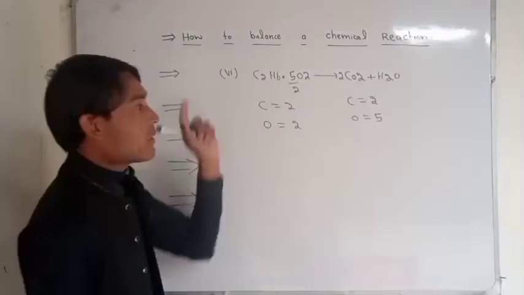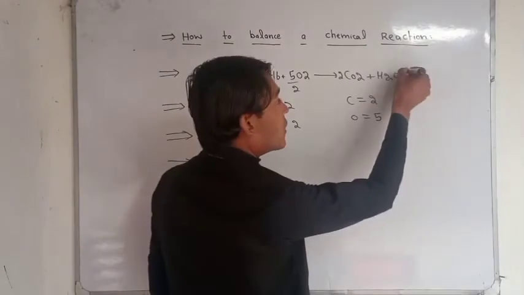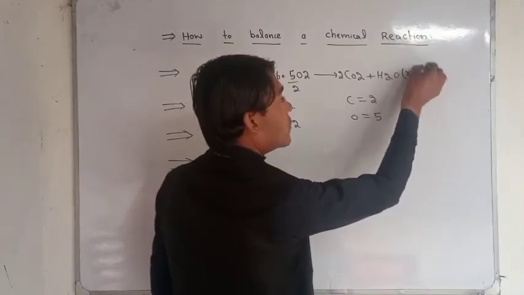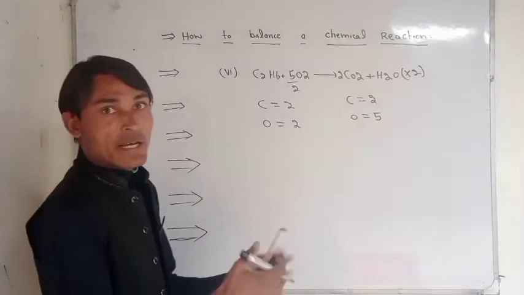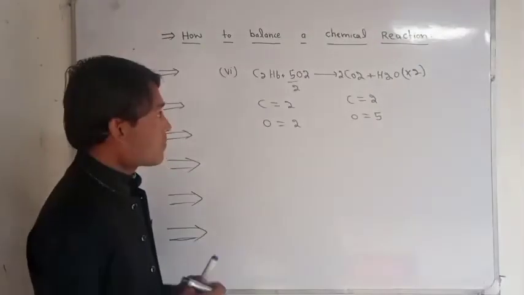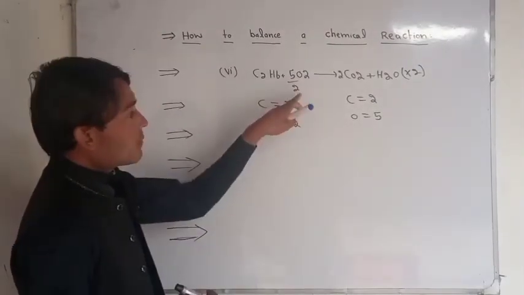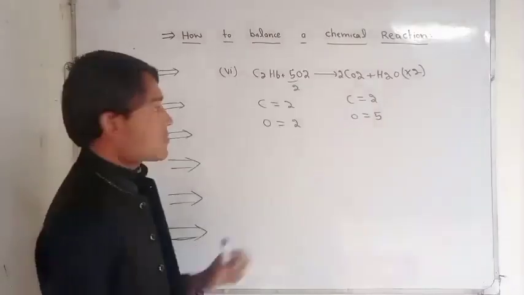We have to multiply the whole reaction by 2. Then at the end we can get a balanced reaction.